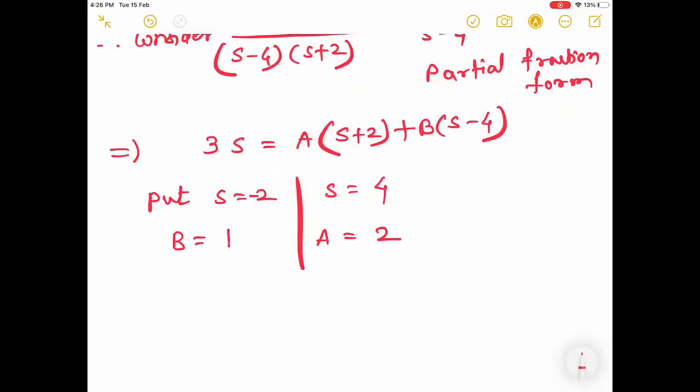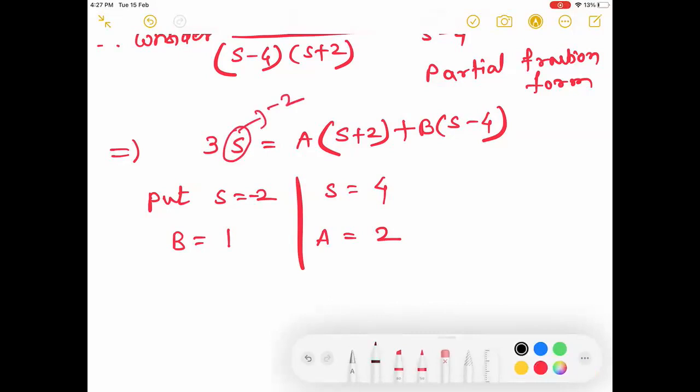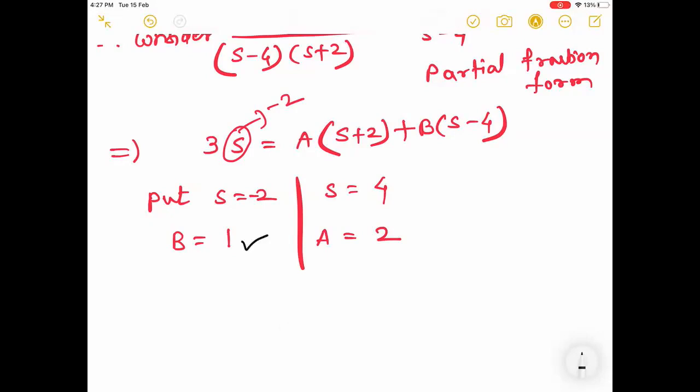You're putting s is equal to minus 2, no? So minus 6b on the right hand side will come, equal to minus 6 on the left side. Left side B is 1, ma'am. It's correct.